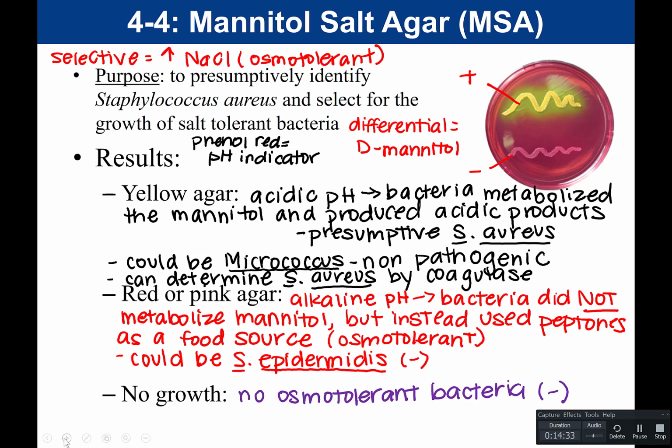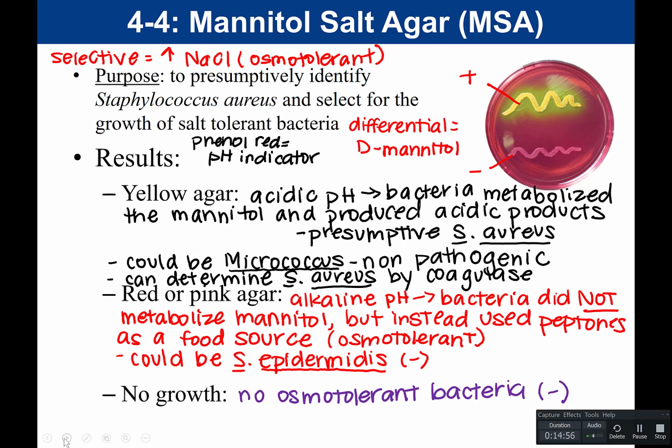We're selecting for osmotolerant bacteria. Differential is going to be our D-mannitol, because again, Staph aureus will ferment it, Staph epidermidis does not. We have our phenol red, which is our pH indicator. So you want to understand what these different colors tell you.